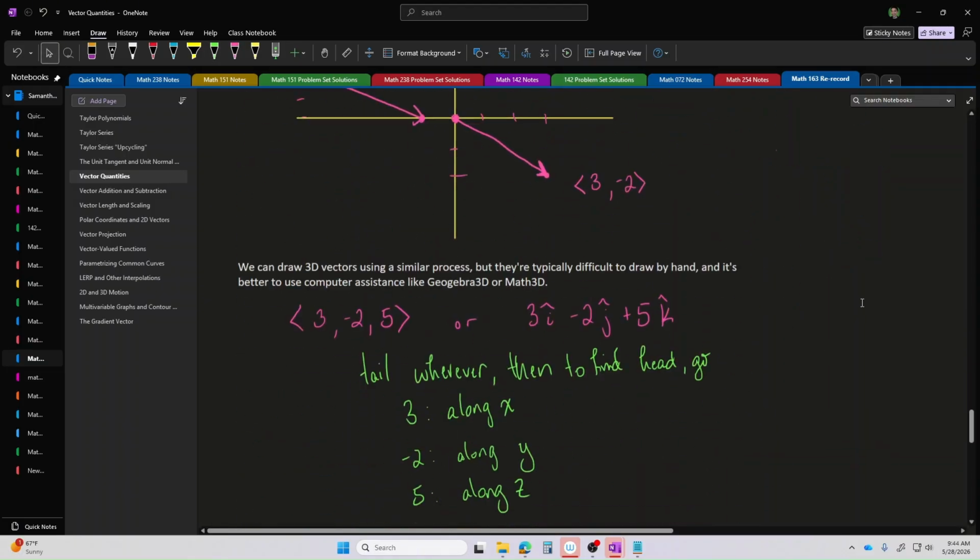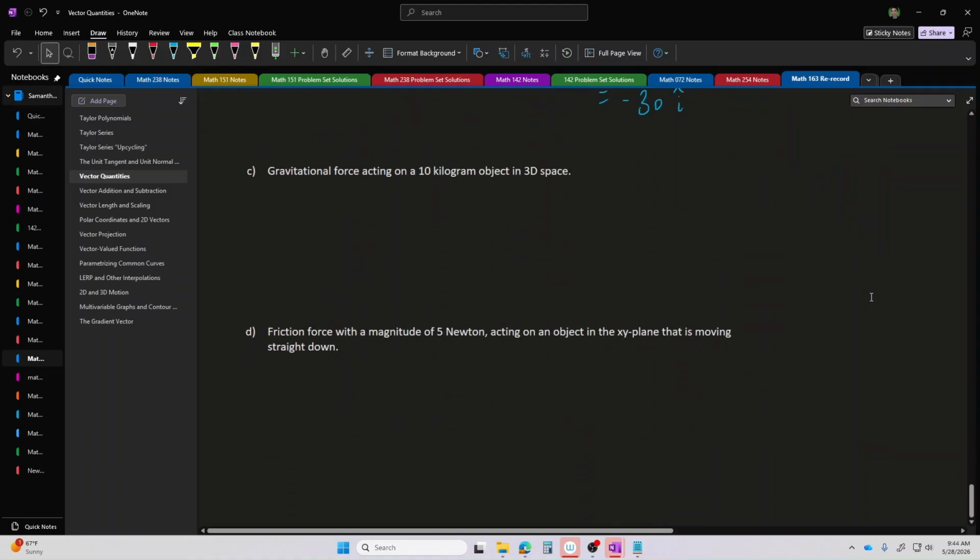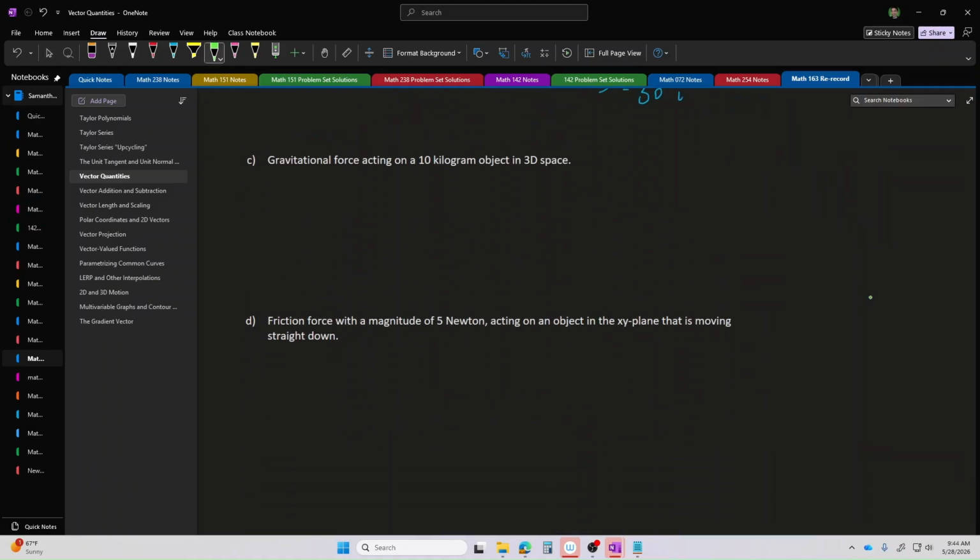So what this means is the symbolic notation for this gravitational force in math notation is 0, 0, negative 98. In physics notation, it would be 0 i hat, 0 j hat, minus 98 k hat, which could be simplified to negative 98 k hat.